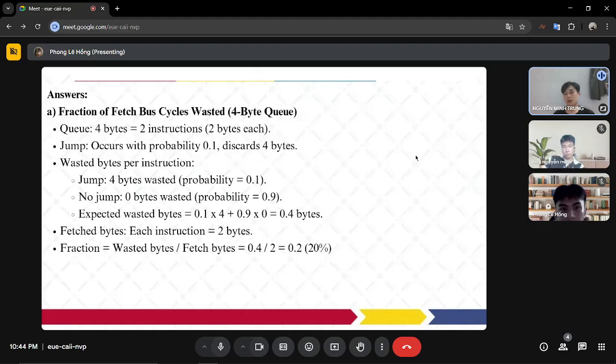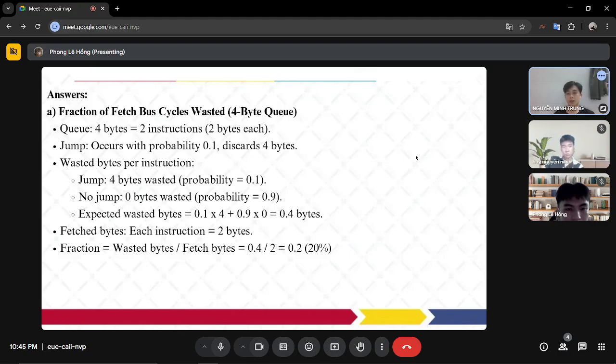Answer A: the fraction of the fetch cycle that is faster. 4 bytes per fetch, 2 bytes per instruction. Observe that with probability 0.1 we discard 4 bytes. Faster by per instruction, 4 bytes wasted, no bytes wasted.